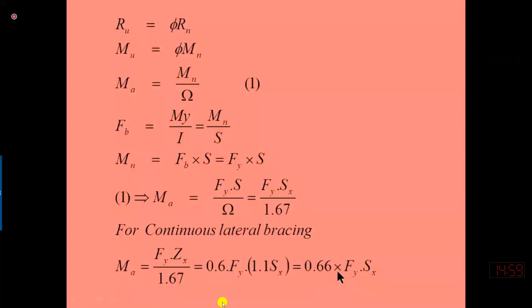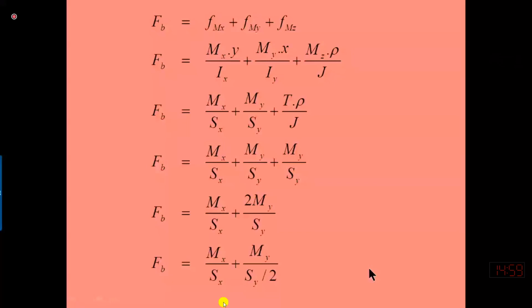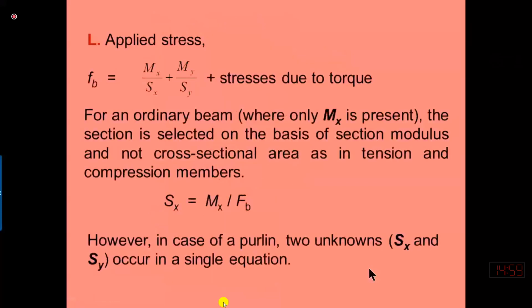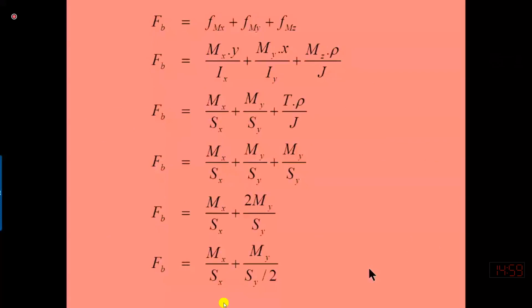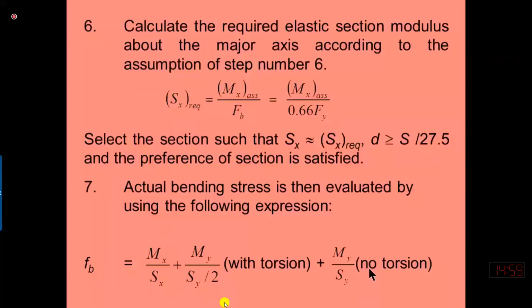So the only unknown will be Sx required. So Sx required, the section modulus about x-axis required, will be equal to Mx assumed that we have just computed in the previous equation, and we will divide by the bending strength. Bending strength is equal to 0.66 Fy. So we have already derived the equation for this.